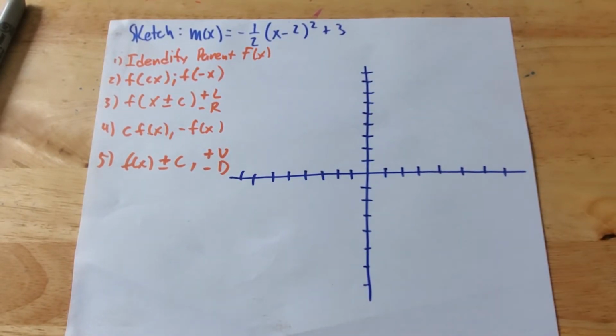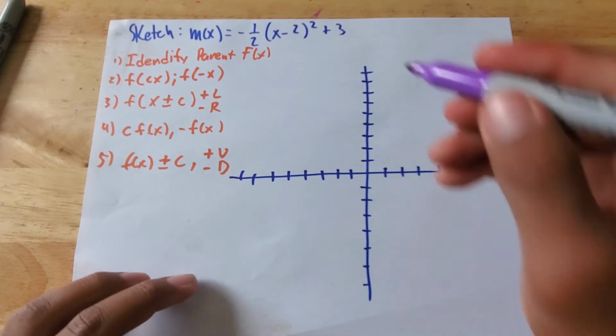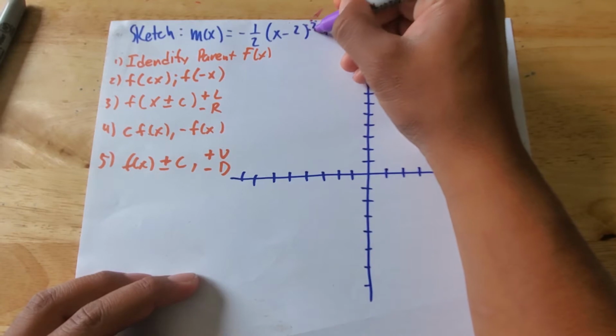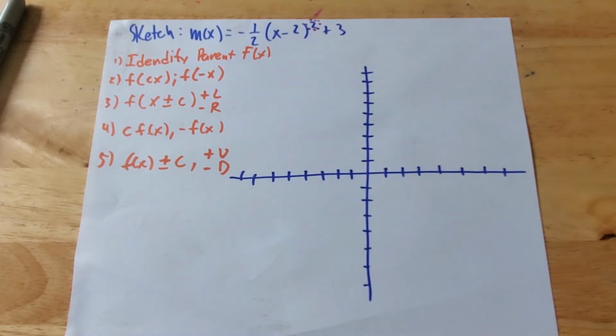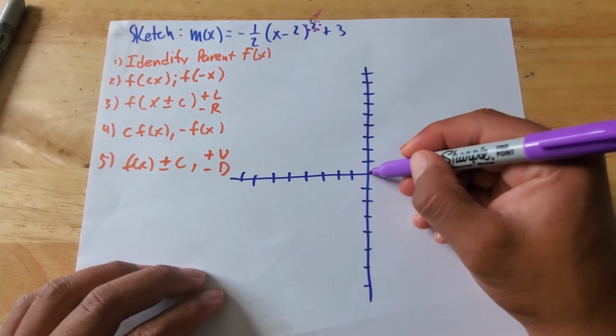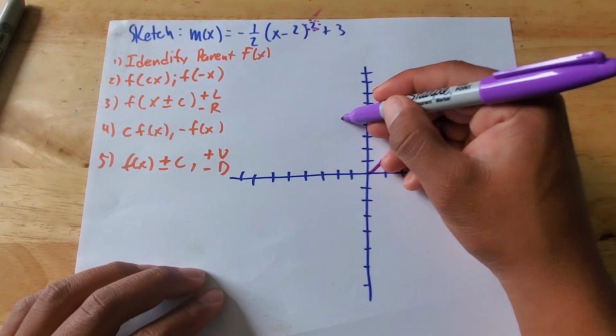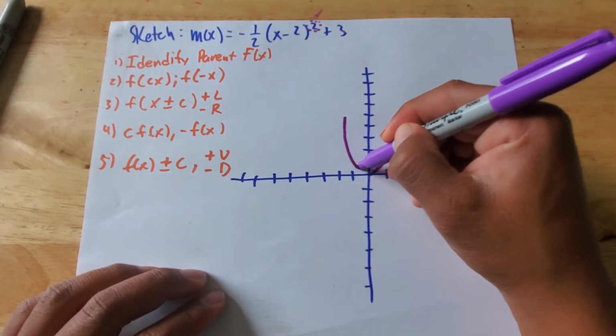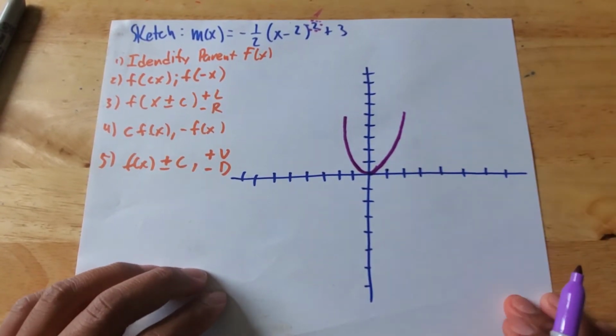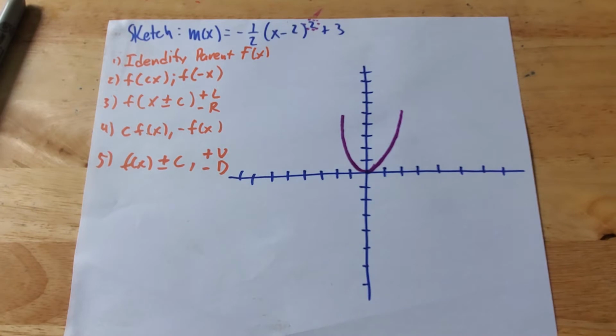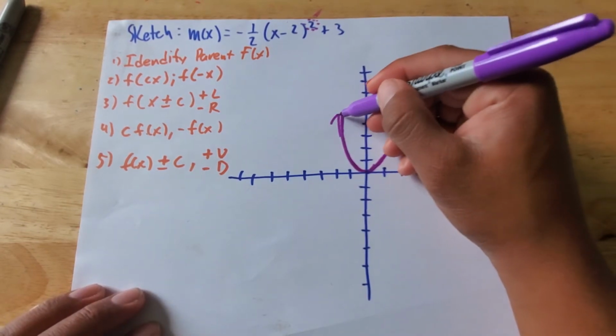I can identify the parent function because of this square right here. Because of this square, I automatically know that I'm going to be dealing with a parabola. That's going to be our parent function. And if you want, you can try to create a more precise graph, or you can just do a rough sketch of a parabola. You see, that's not perfect, but it's a rough sketch of a parabola.